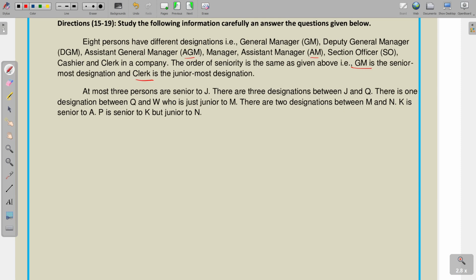So see, first GM, next DGM and AGM, next manager, and next assistant manager, section officer, cashier and clerk.